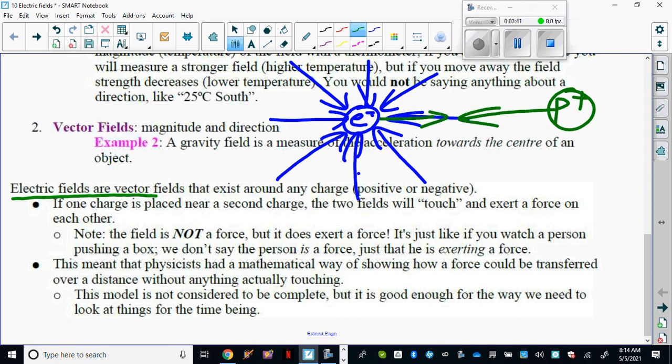But you can see that the field lines for that electron are all going into the electron, but the force vector for the electron is going in the opposite direction. Which we'll again discuss in more detail. So don't mistake forces and fields.